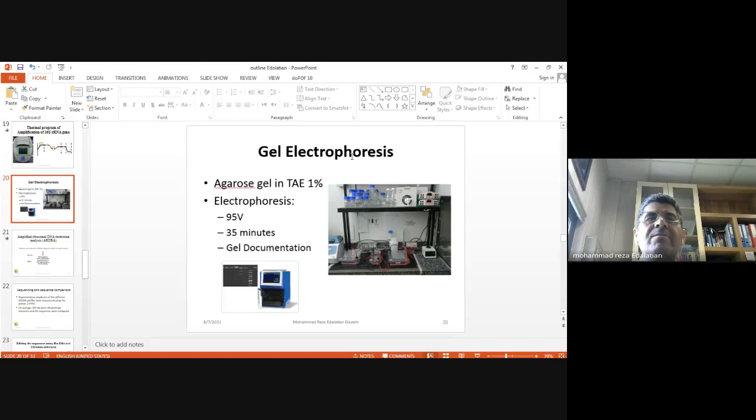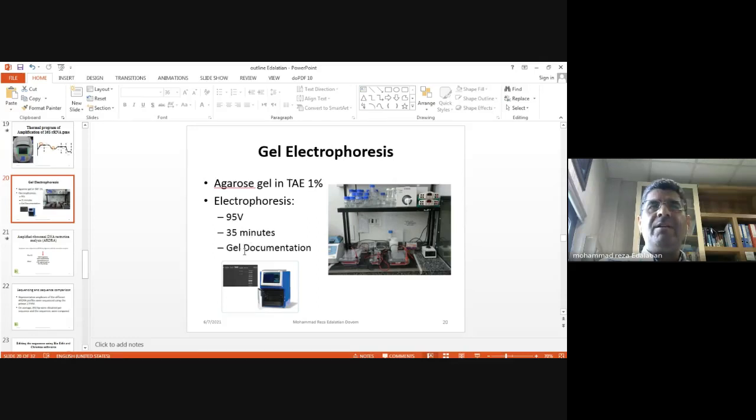Okay, after performing the PCR, we should perform the gel electrophoresis. We should prepare the agarose gel 1% in TAE or TBE buffer, and the electrophoresis conditions are a defined voltage for 35 minutes.